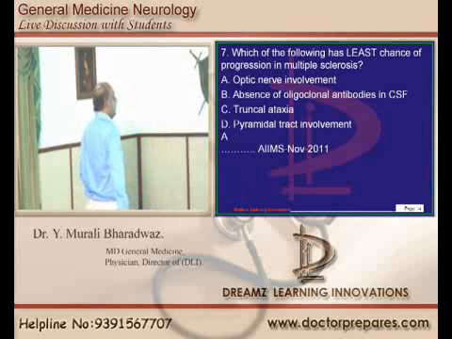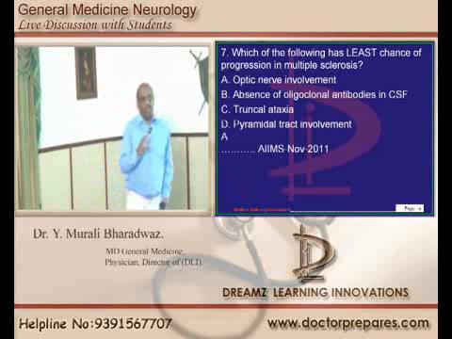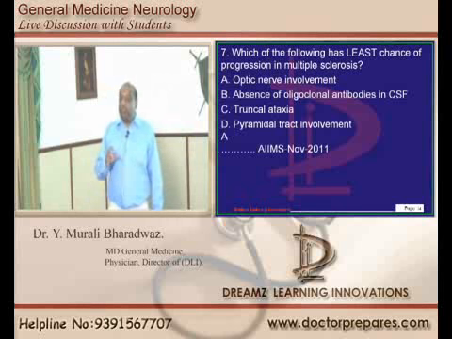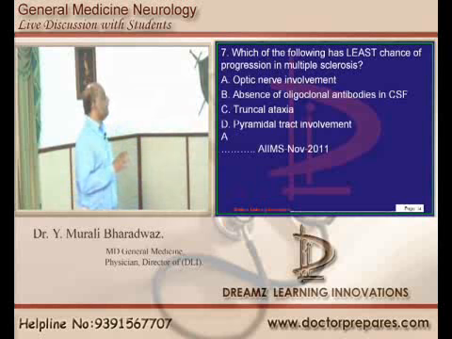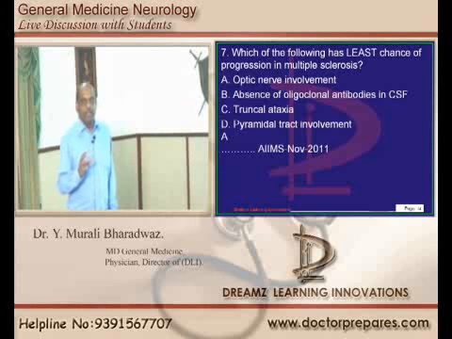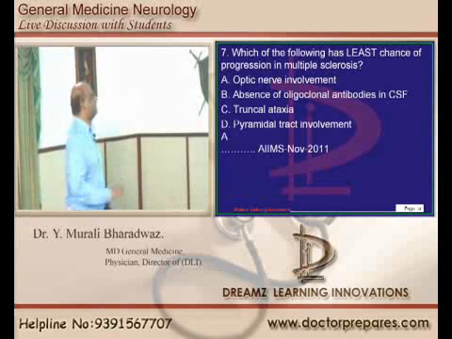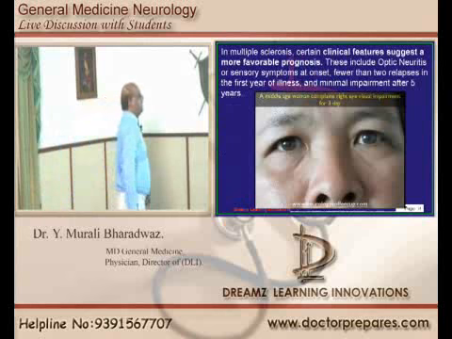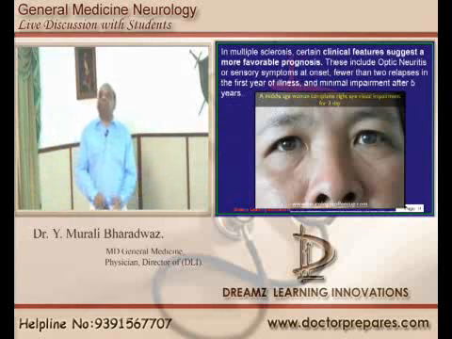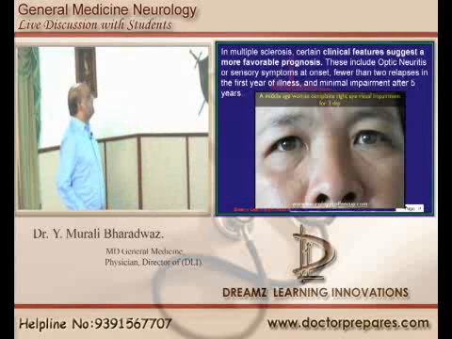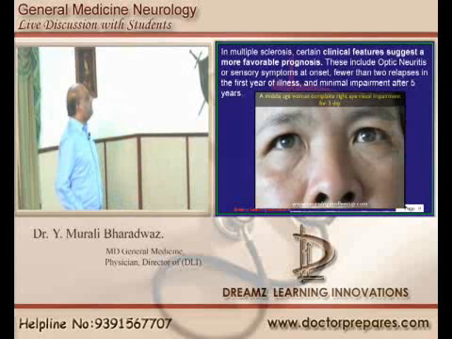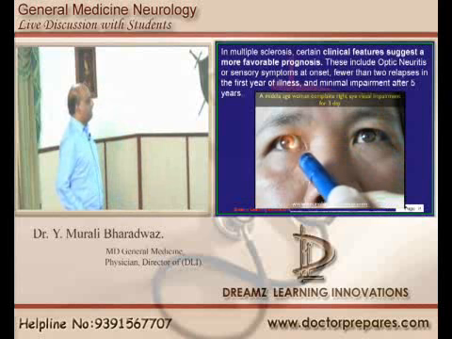So what is a feature which prognosticates multiple sclerosis in a better light? That is, what are good prognostic factors, and what are bad prognostic factors? Certain features are more favorable. What you are seeing here in this individual is a visual impairment in the right eye.